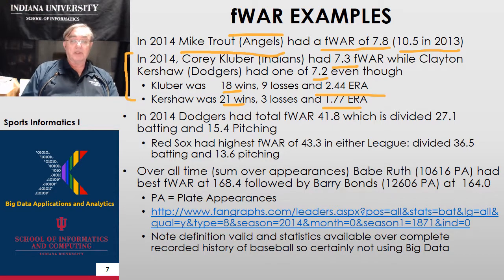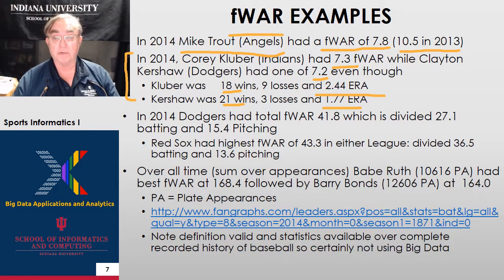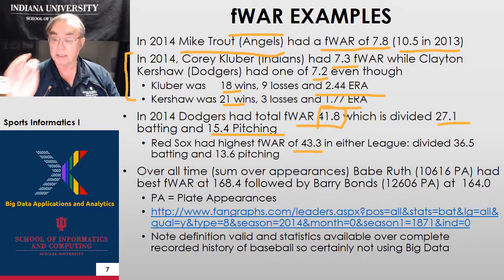If you look at the whole team, the Dodgers in 2014 had a wins above replacement of 41.8, which came roughly 2/3 from batting and a little over 1/3 from pitching. Red Sox had a somewhat higher wins above replacement as a team.